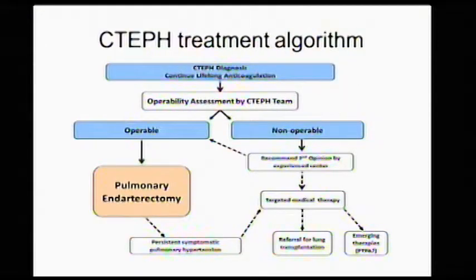But right now, our recommendation is to establish a diagnosis of CTEPH and to assess operability by a CTEPH surgical and medical team. Operable patients should be operated because it is curable, but non-operable patients should be seen by experts who may propose targeted medical therapies, but also emerging therapies like pulmonary balloon angioplasty, which is brand new and which will come very quickly, I think, in our field.